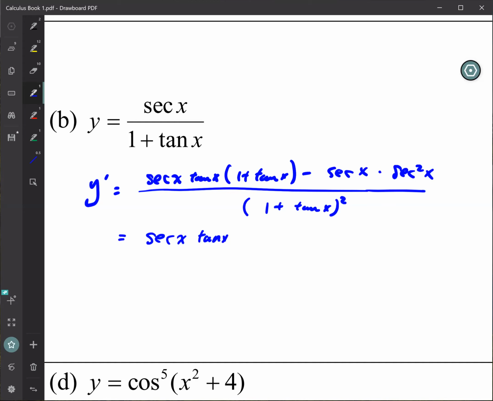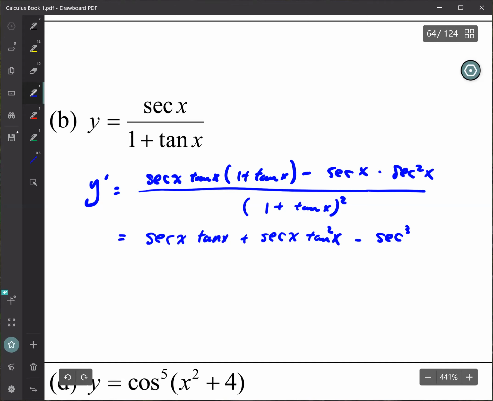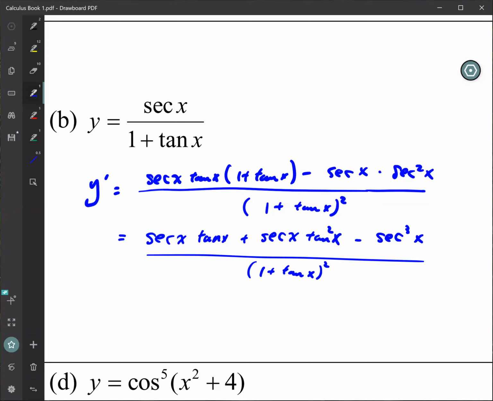We can expand, right? Let's expand, see what happens. And then last one is the secant cube.